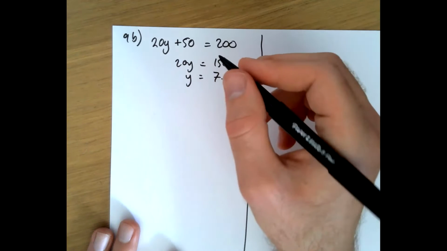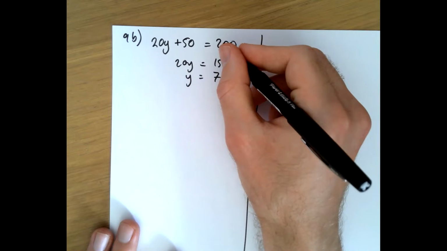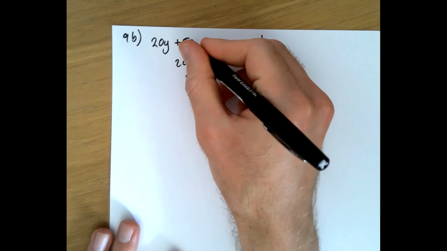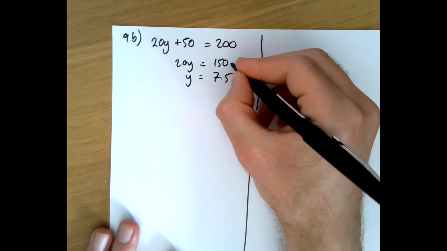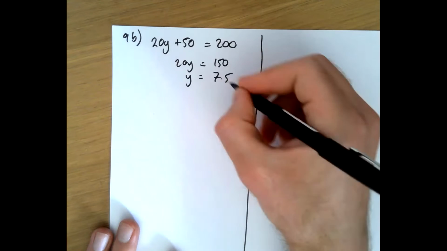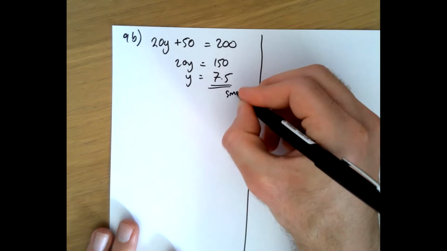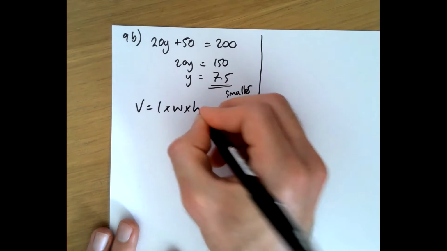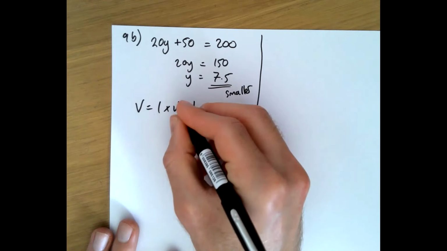In fact, the surface area is less than 200. So if this number is lower than 200, if you take away 50, this number is then going to be smaller. And then we're dividing the smaller number by 20, so the length is not going to be 7.5, it's going to be smaller than 7.5. So going back to the volume of the cuboid, these two are going to stay the same, so we can get rid of those.